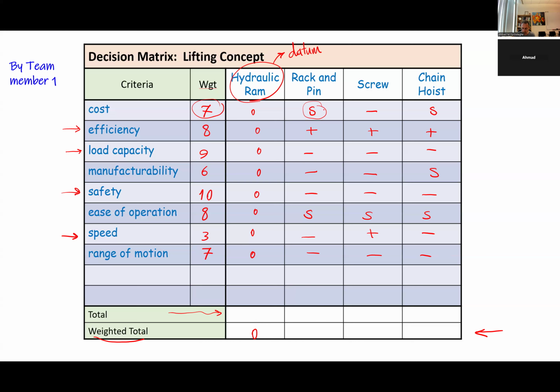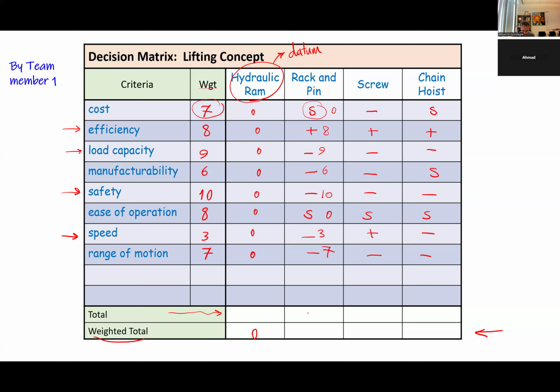So remember, S is equal to 0 for us. So 0 multiplied by 7 is 0, 8. We're going to have 8 here, minus 9, minus 6, and minus 10. Remember, I multiplied them by the weight. Here is 0, here is going to have -3, and here is going to have -7.